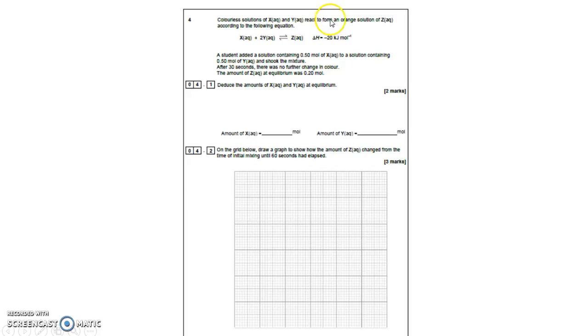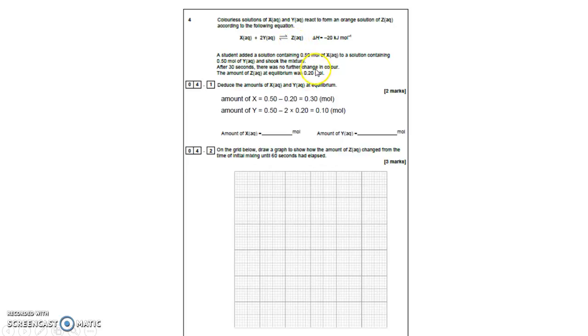X and Y react to form an orange solution of Z here. Deduce the amounts of X and Y at equilibrium. Well, a student had a solution containing 0.5 moles of X, so you've got 0.5 moles of that to start off with, and 0.5 of Y, and none of Z to start off with.